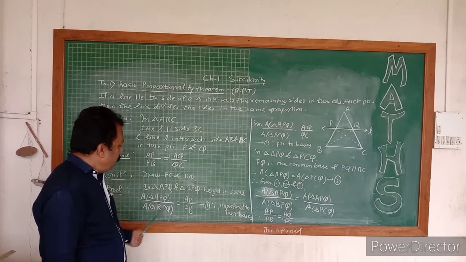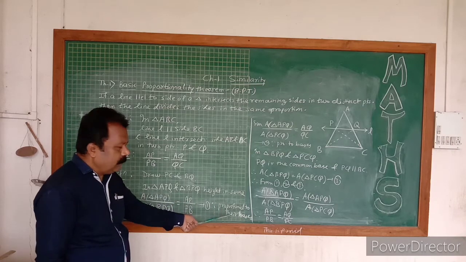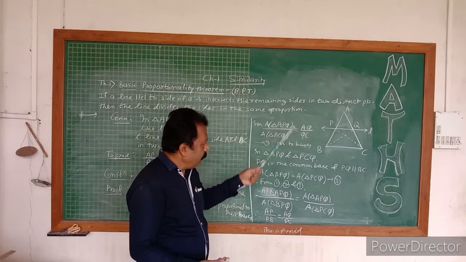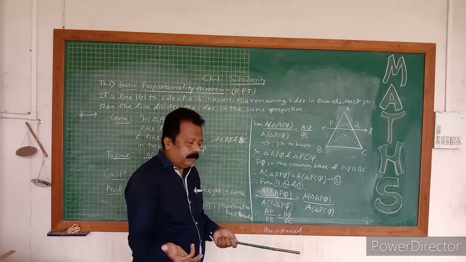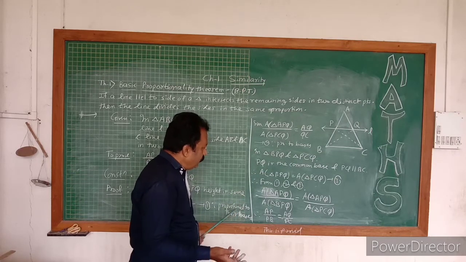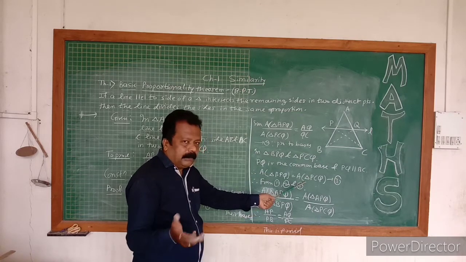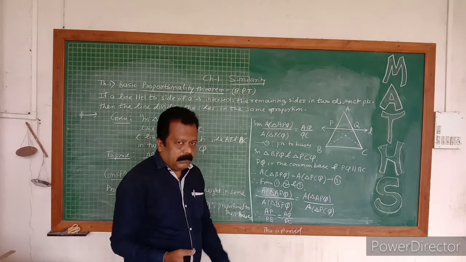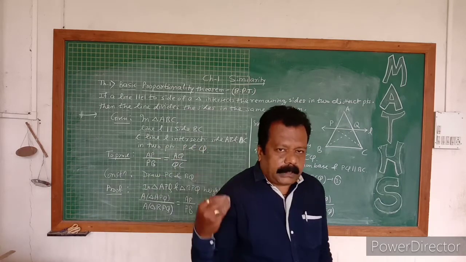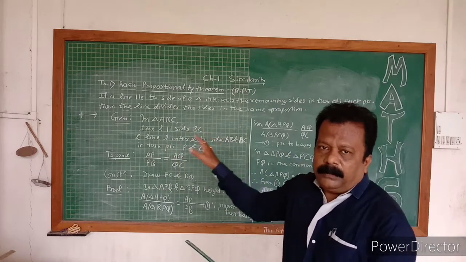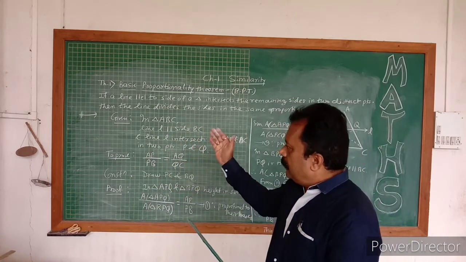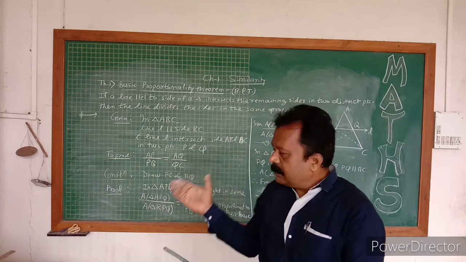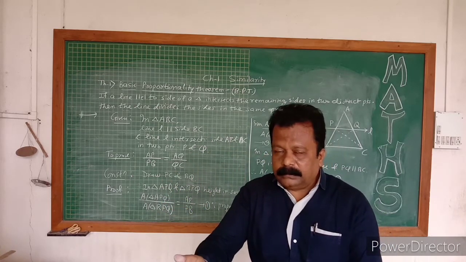Now, in triangles APQ and BPQ, we have shown this ratio, same height. Here also triangles of equal heights, so proportional to their bases. And from 1 and 2, we get this result third. And from 1 to 3, we will get this result, and afterwards this. Try to understand the statement properly: if means the given part, and then means the prove part.